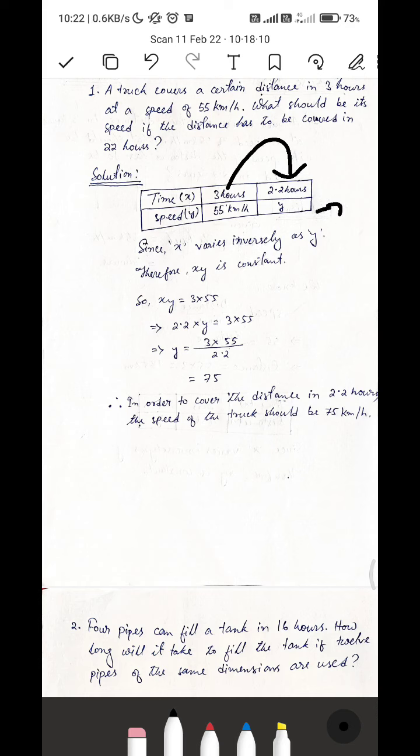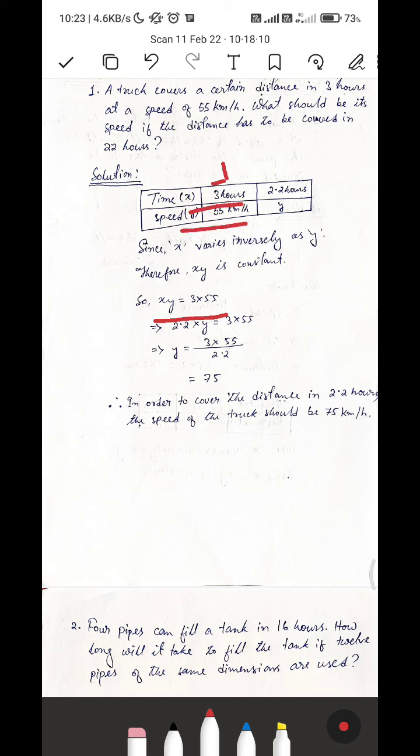So in this case xy is constant, that is x into y is constant when it is inversely variable. From the table we get xy equal to 3 into 55, because x is 3 and y is 55.